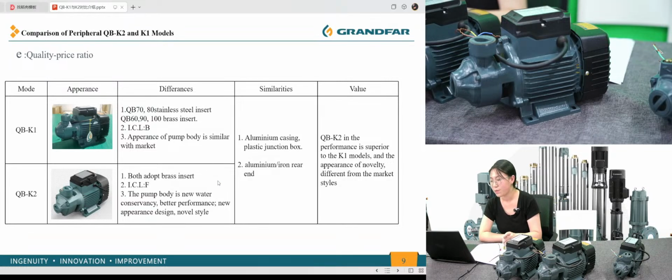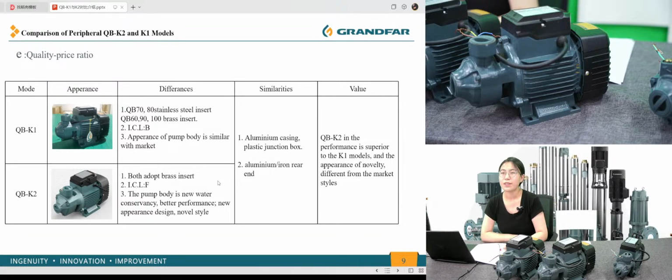The differences can be concluded like this. Looking at the QB-K1, the QB-70 and NT adopted the stainless steel insert, and for these three kinds of product, they use the brass insert.